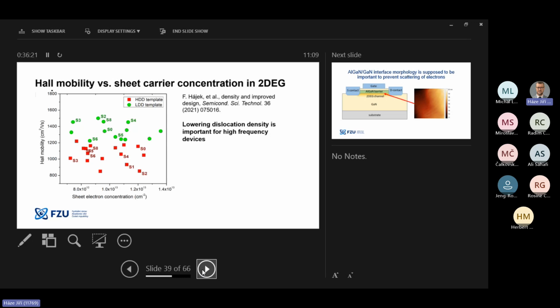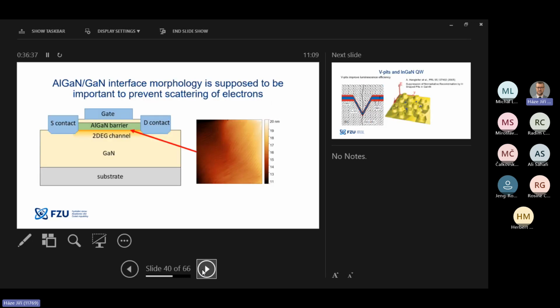So it makes sense, if you want to make a high frequency application, to use silicon carbide and to go to a lower density of dislocations if you want good performance of your transistor structures. So it's really important.